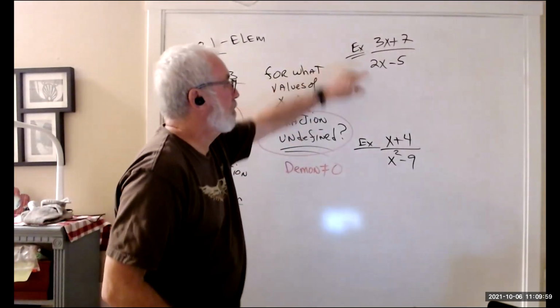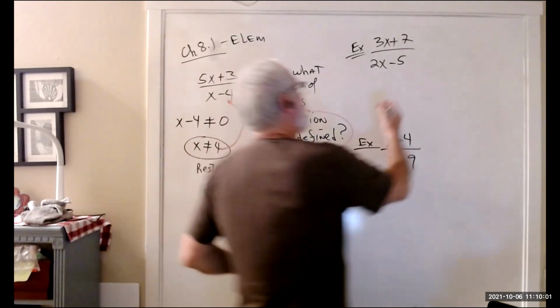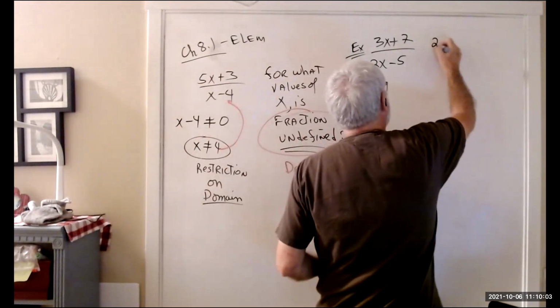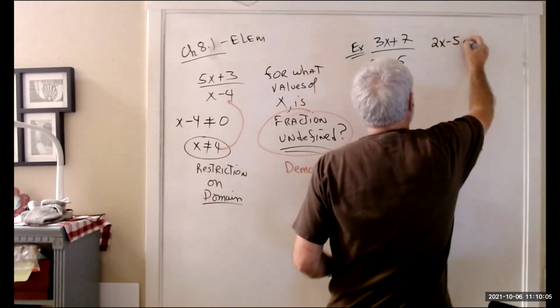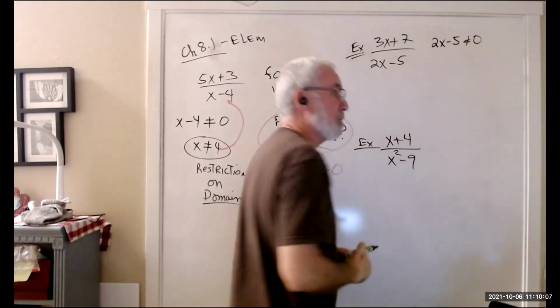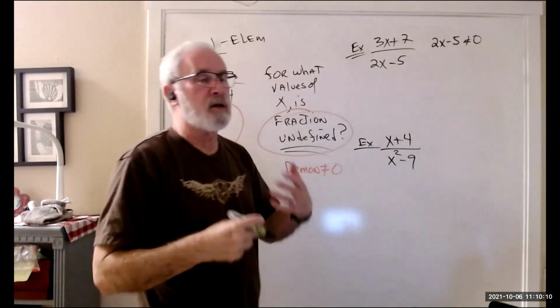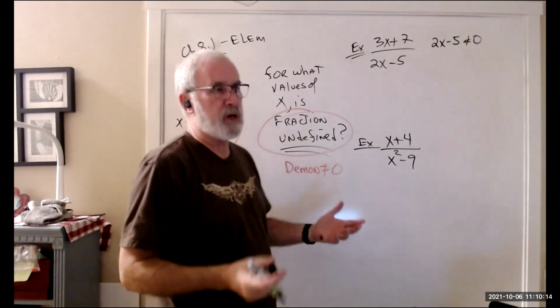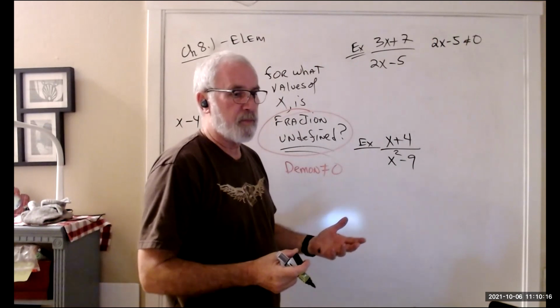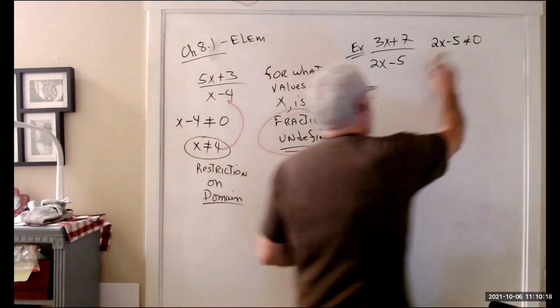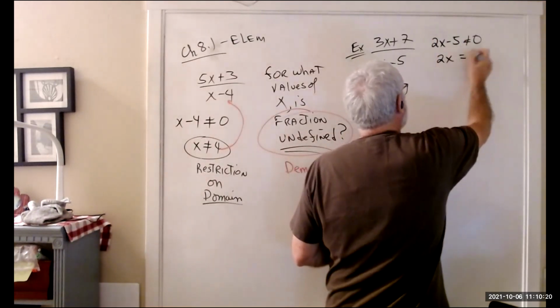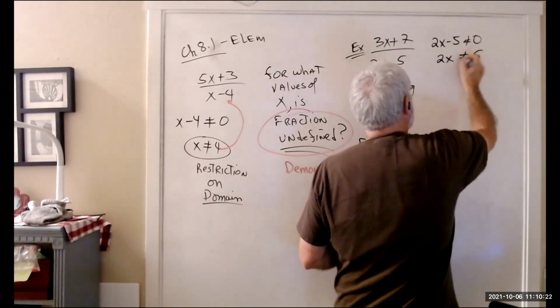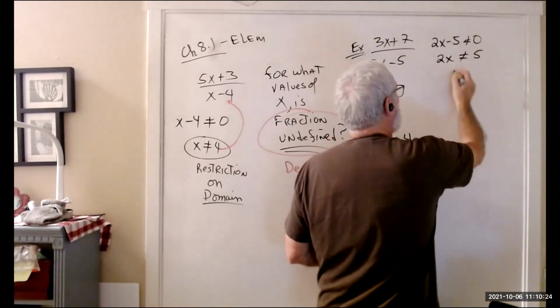All right, so the top one, pretty easy. You just take the denominator and you say it cannot be worth 0. You kind of create a non-equation out of it, but you solve it just as if it were an equal sign. Okay, so you add 5 to both sides. 2x doesn't equal 5. Divide by 2.